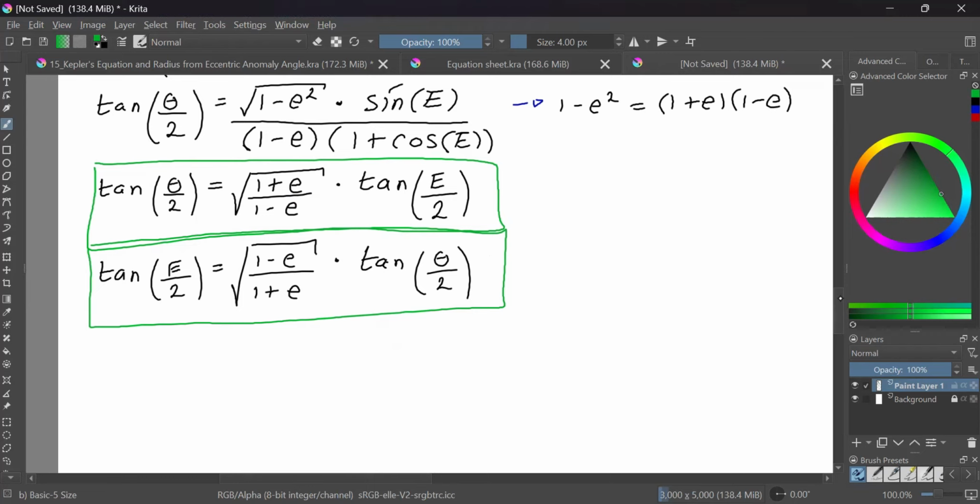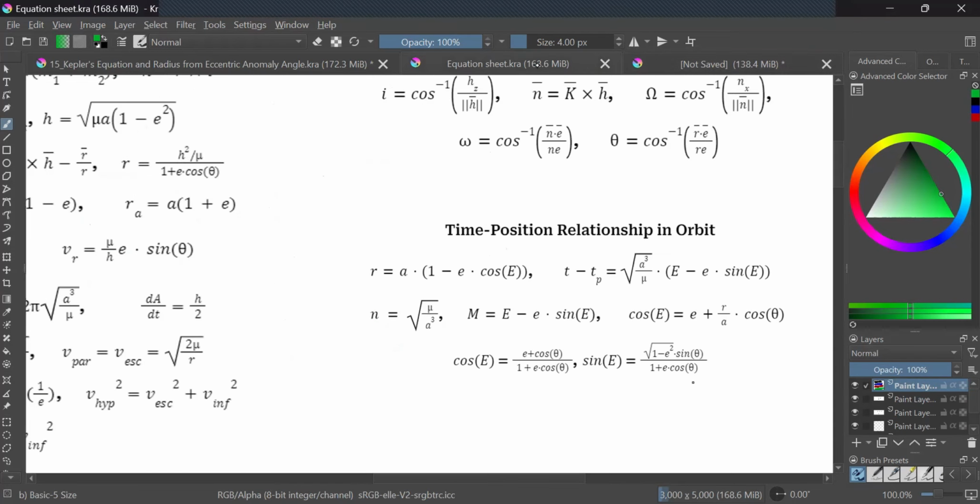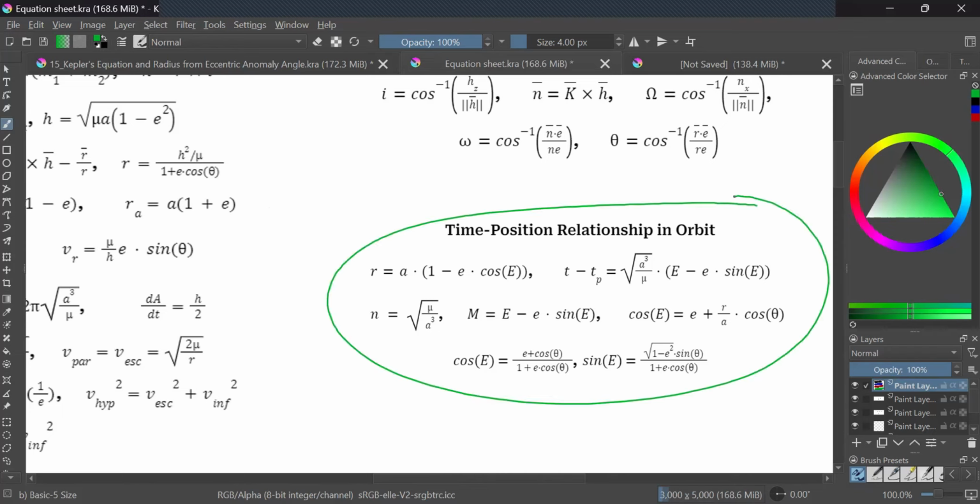Instead, probably between the next episode and maybe the episode after that, I am going to do a far more in-depth video going through maybe not all of these equations, but at the very least a good chunk of them, and really show you how to properly use them.